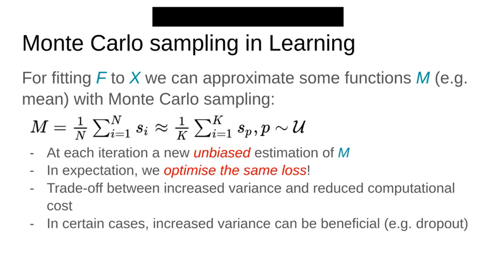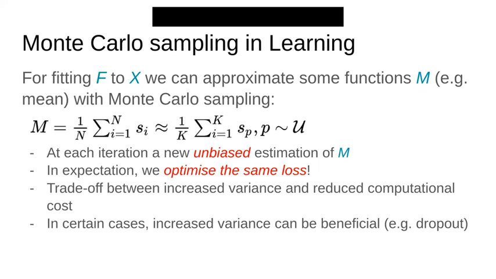How can we use Monte Carlo sampling during learning? So we said that we have to fit a model on the data multiple times. And we can imagine that in this model, we have some functions that can be computing either a mean or a sum.